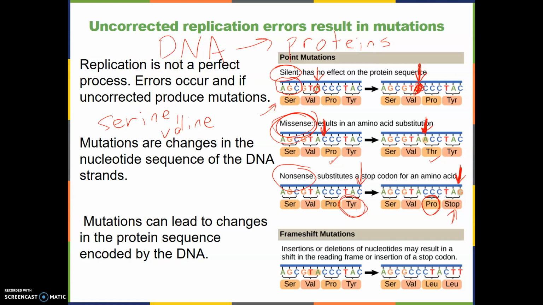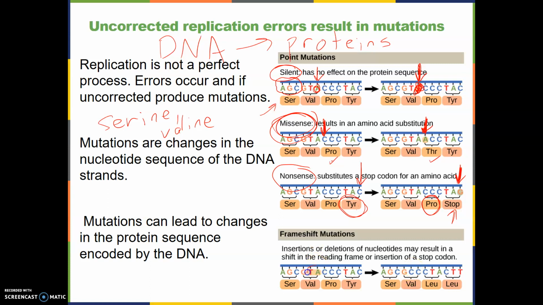So if we started out with serine and valine, and it looks like a T, let's see, AGC, and then G, a T and an A were inserted before the CCC.